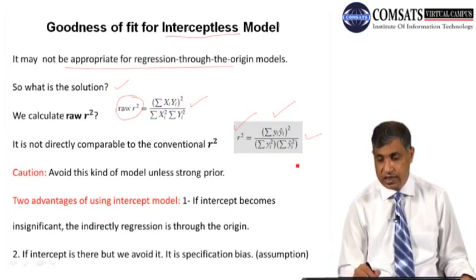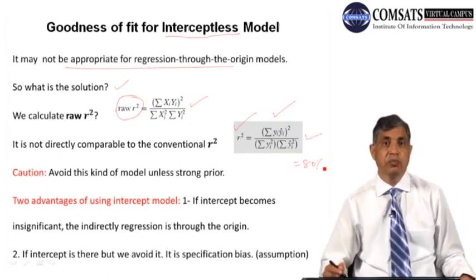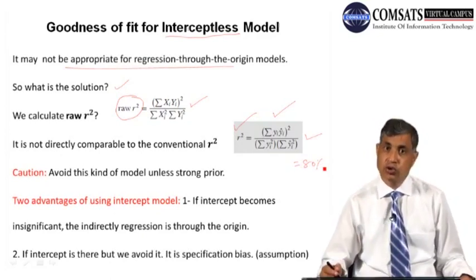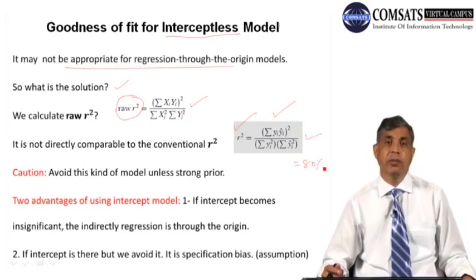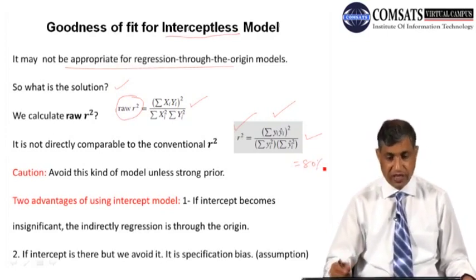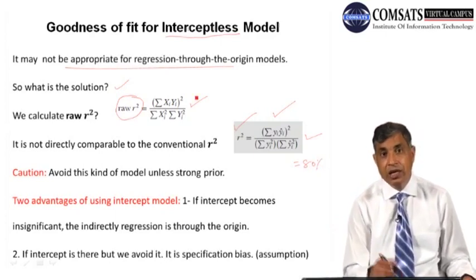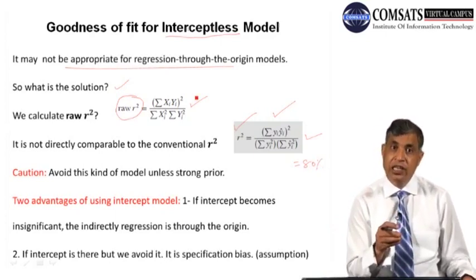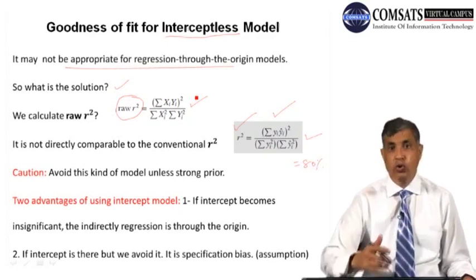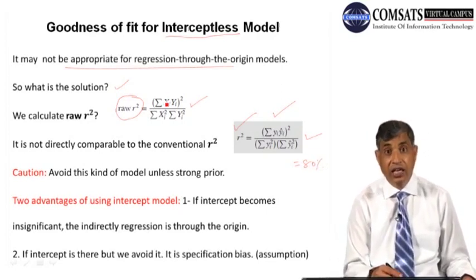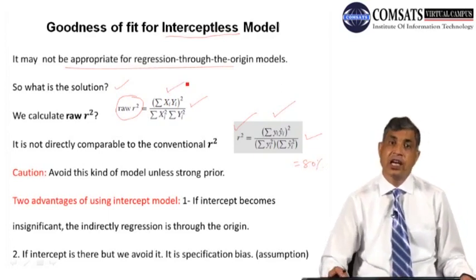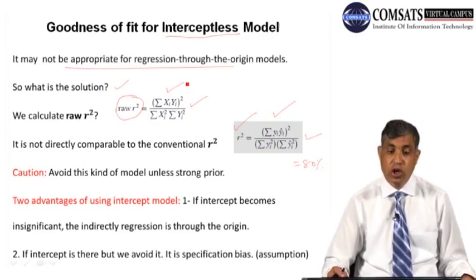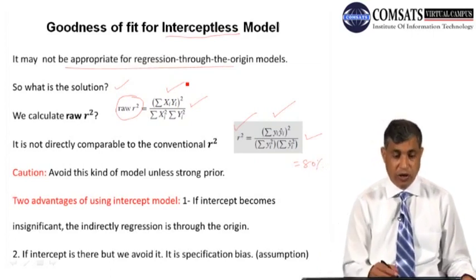For example, if it tells us 80%, you will say that 80% of the variation in your dependent variable is explained by your independent variables x1, x2, x3. But if you have deliberately excluded the intercept, for the sake of objectivity and accuracy, you should use this formula.